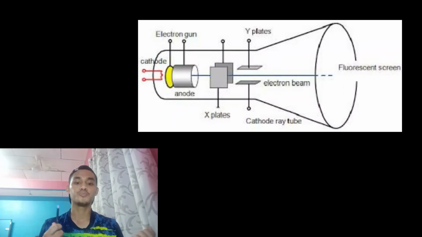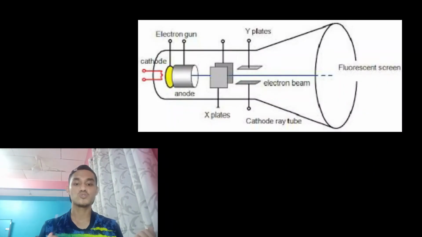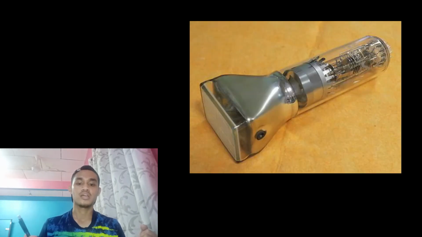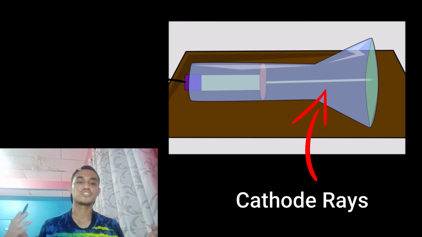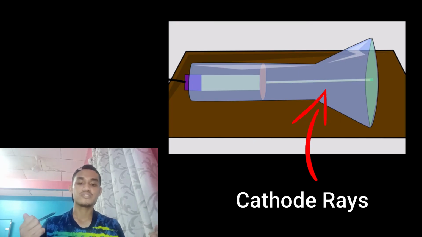So, what exactly is a cathode ray tube? It is a device used to display an image on a screen. A cathode ray tube is a glass vacuum tube with beams of electrons shot through, known as electron rays or cathode rays.